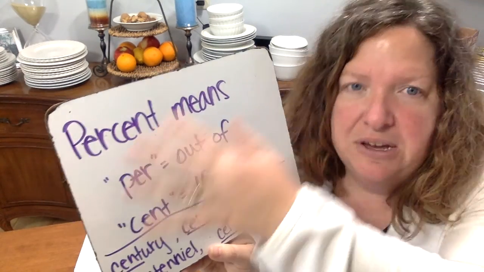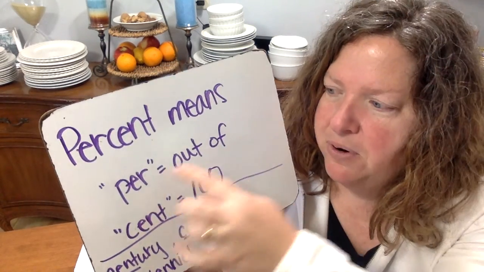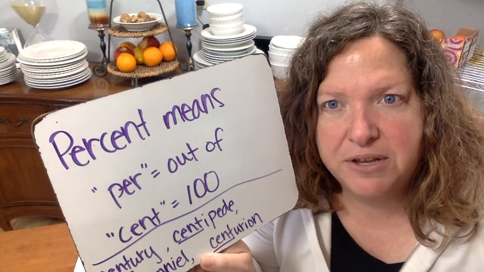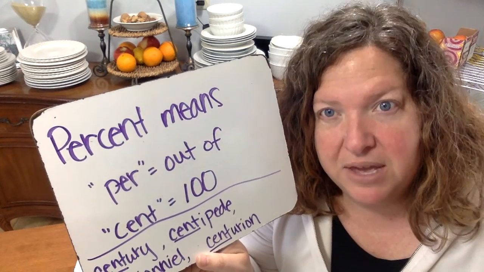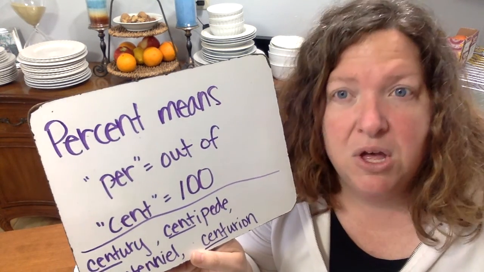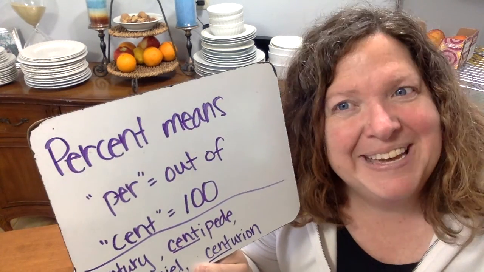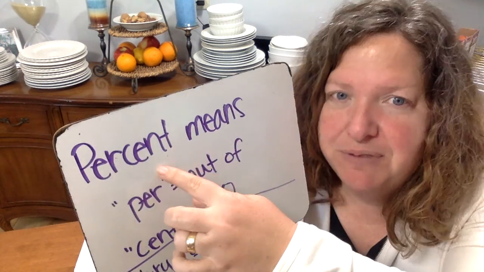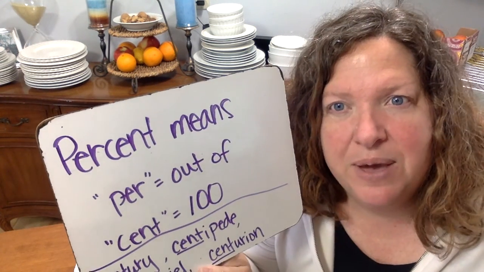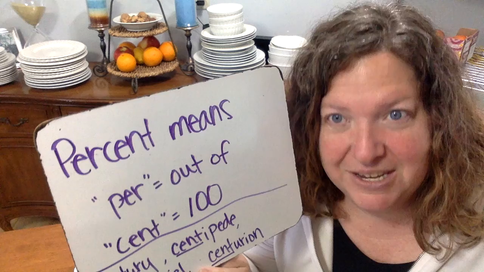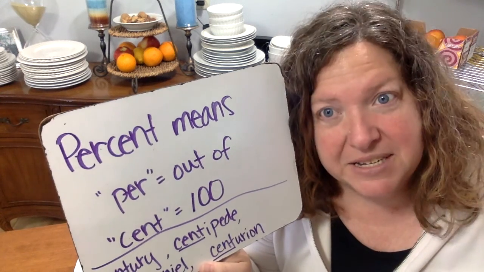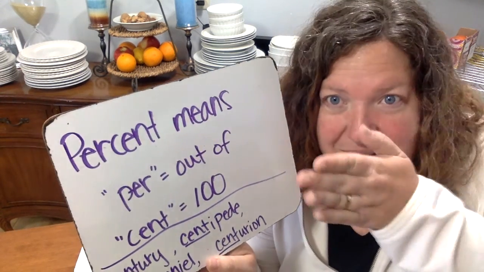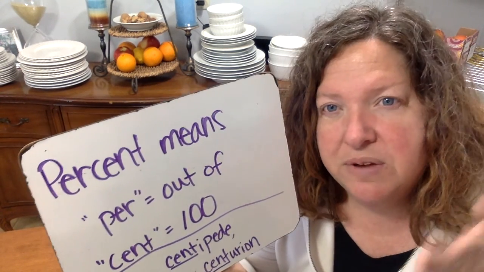So now that you know per cent means out of 100, does it mean that in order to do percent, you have to have 100 of something? The answer is no. Percents are very much like fractions in that you have to be able to cut it into 100, either physically, like bars, you could cut into 100, or sort of theoretically.